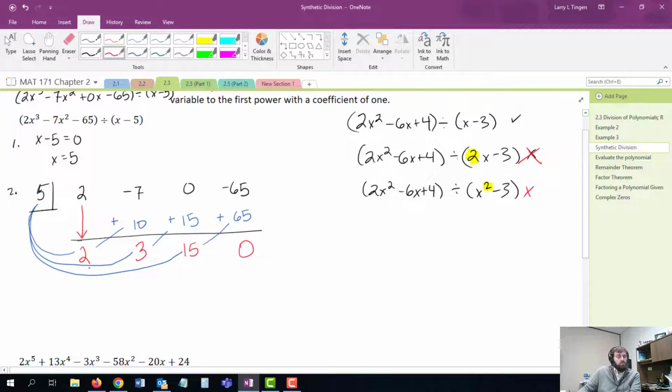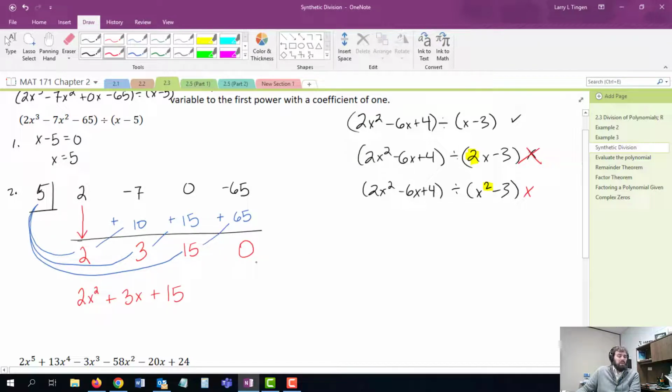So this 2 is the coefficient of the x squared term. So when I get done, I expect to have a quadratic or second degree. So if that 2 is for x squared, then that 3 is for x to the first power, and then 15 is the constant.